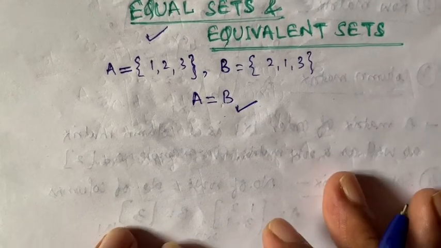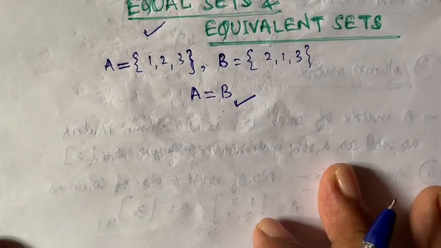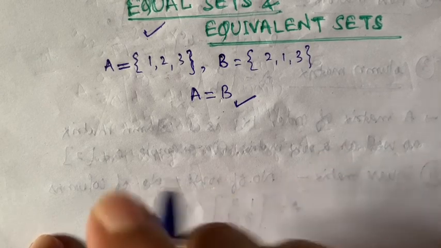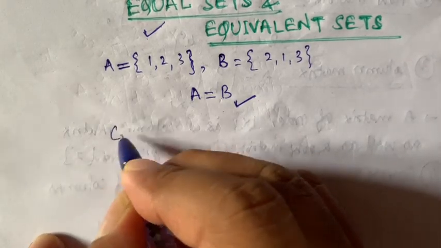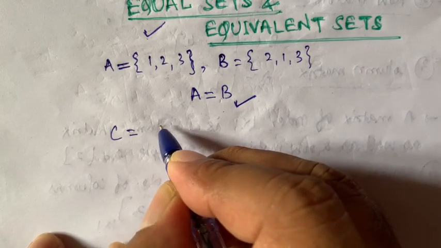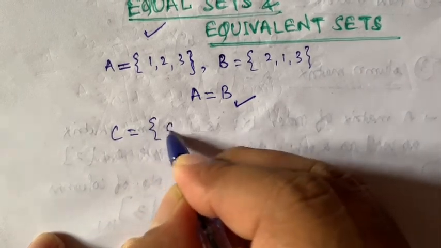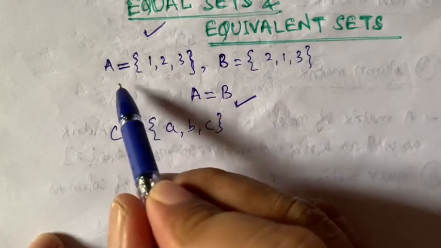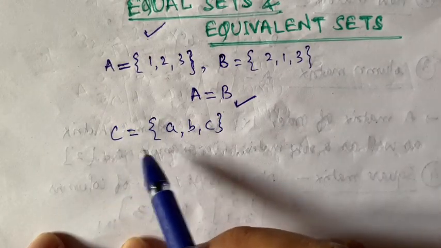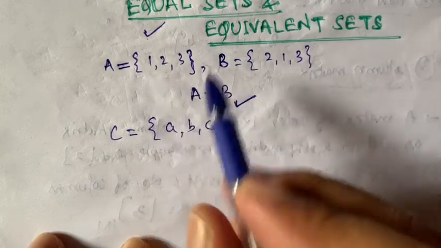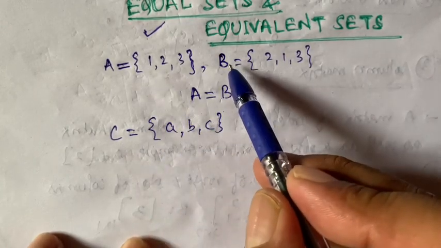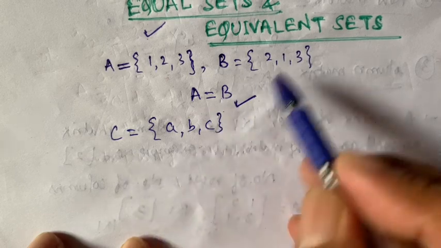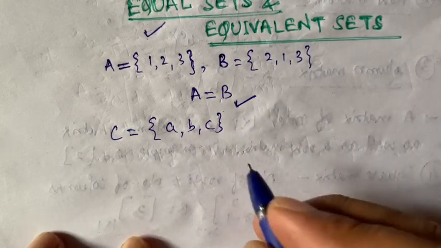Now we will define equivalent sets. Again we will have two sets. Let us consider another set C which has A, B, C. Now is A equal to C? No, because their elements are not the same. Is B equal to C? No, they are not equal because they don't have the same elements.